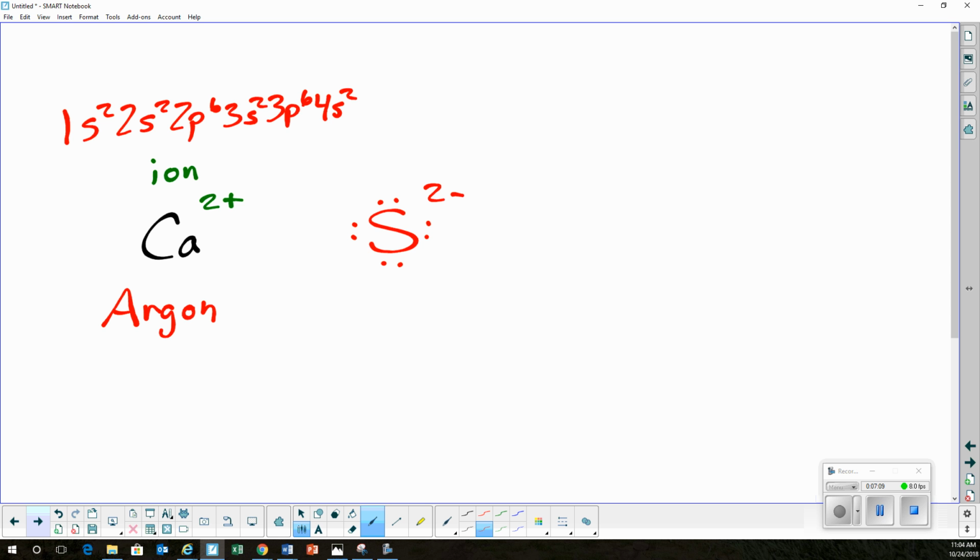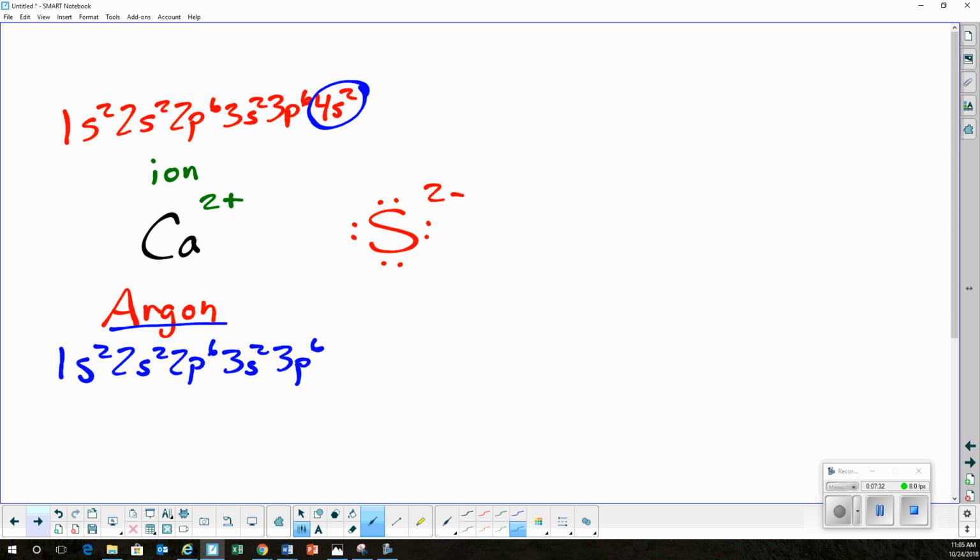Did I do that electron configuration right for calcium? But when it lost 2 electrons, it loses these 2. So I need to be able to write the electron configuration for the ion. So the ion would be 1s2, 2s2, 2p6, 3s2, 3p6, because it's just like argon.